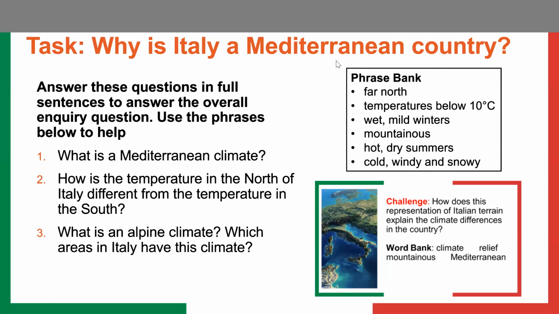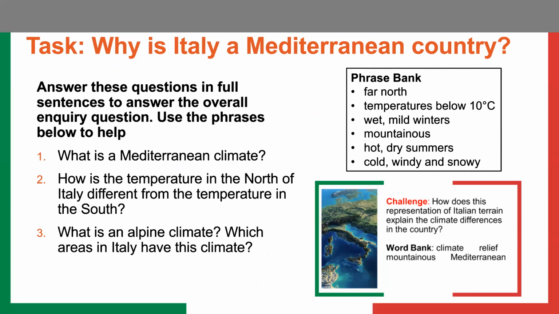There's some phrases in our phrase bank here: the far north, temperatures below 10 degrees, wet, mild winters, mountainous, hot, dry summers, cold, windy, and snowy. You can use that phrase bank to help support your answer. You would start your sentence with: the temperature in the north of Italy is different to the temperature in the south because, and then you need to explain using that information.